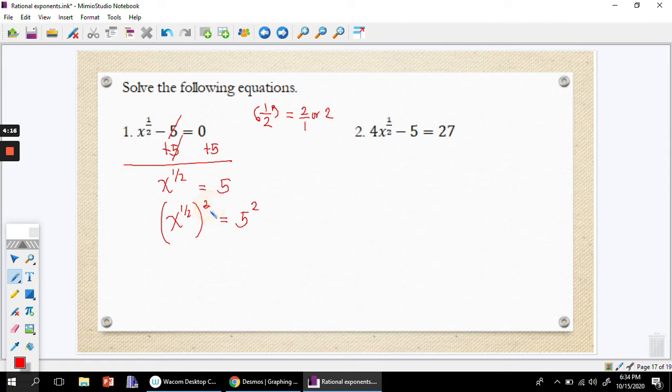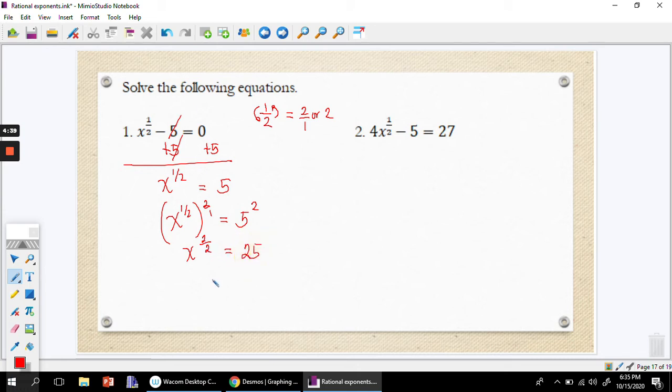So this is 2/1, right? How do we raise an expression with exponents to another exponent? We just simply multiply, right? So 1 times 2 is 2. Let me write it down. 2/1, 2 times 1 is also 2, is equal to 5 raised to 2 is 25.